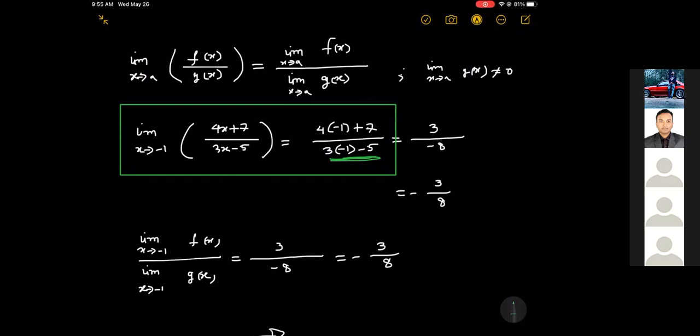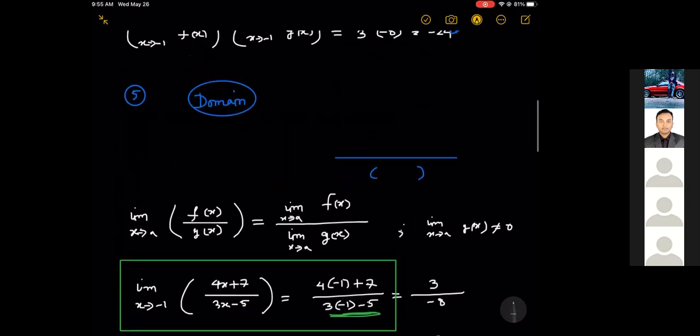If you plug in a in place of x, whatever x is approaching. No questions at all? Okay then. And for the polynomial, I think we have already used it as well.